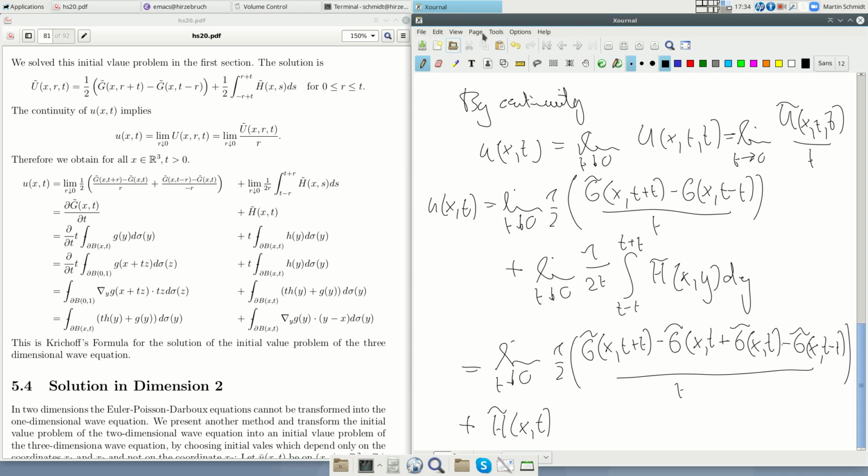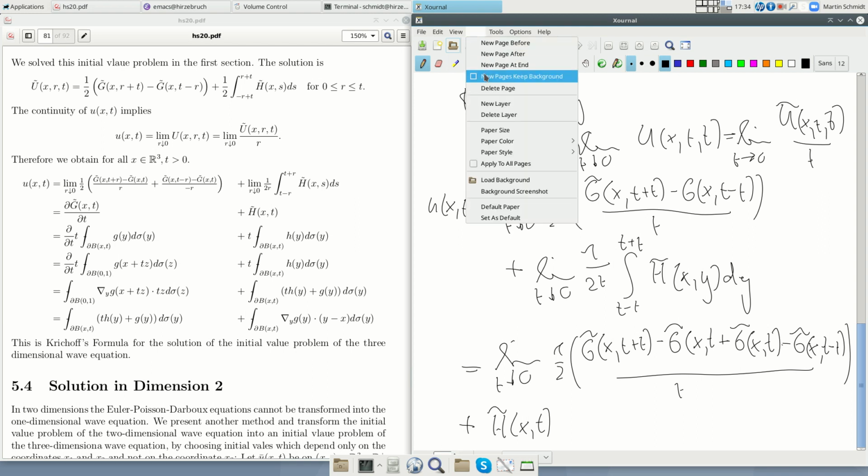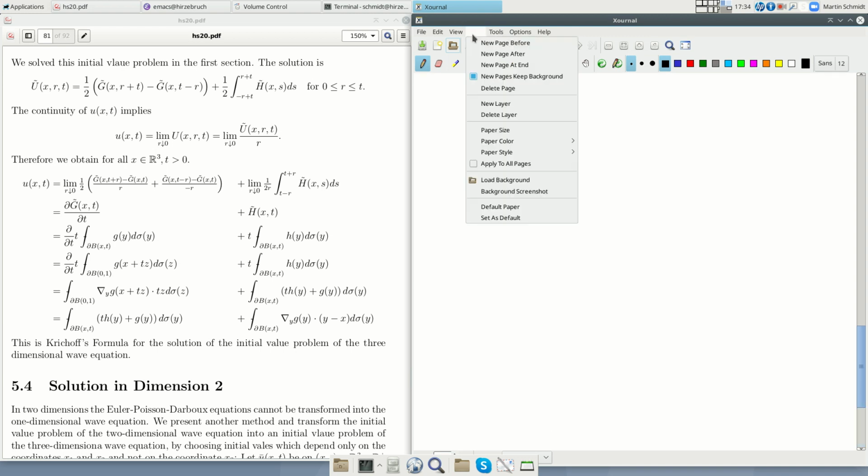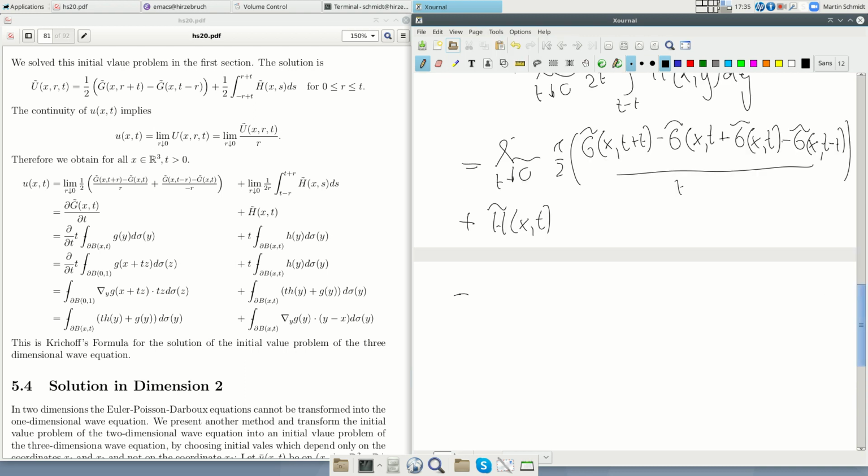Now let's calculate this limit. This is of course twice the derivative, and with the 1/2 we get d by dt of g tilde of x, t plus h tilde of x, t.